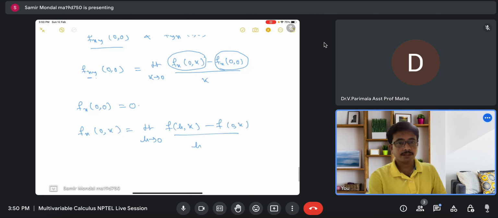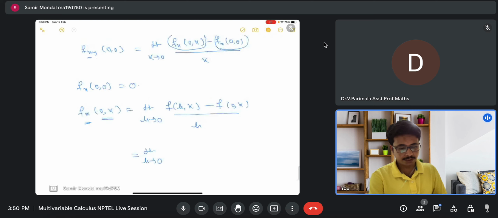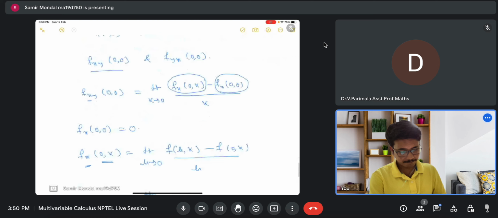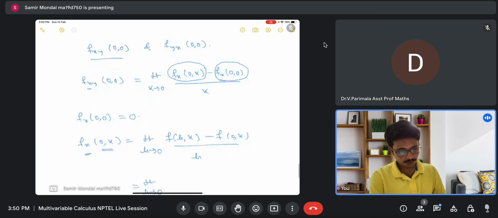This is the limit definition of the partial derivative with respect to x at the point (0,k). So limit h tends to 0, what is your f(h,k)? f(h,k) is this full quantity.